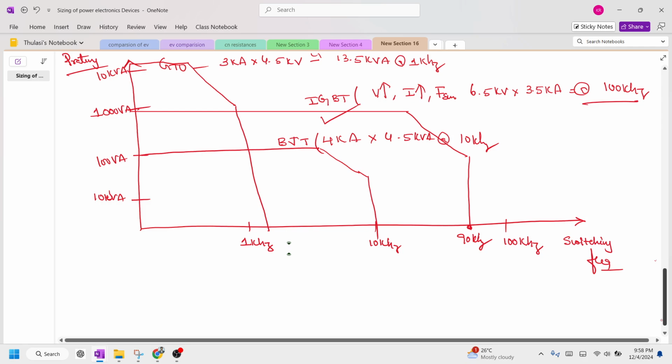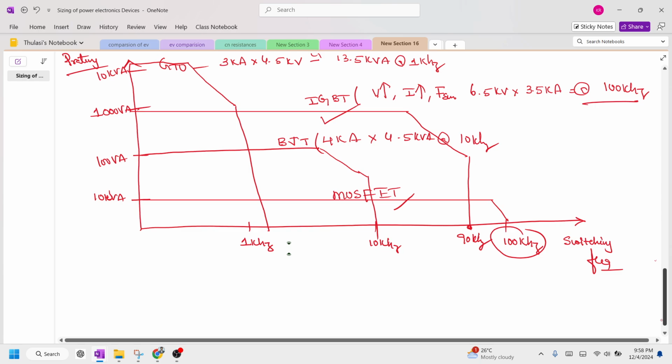Next one has a low power rating, but the switching frequency is very high. This is 10 kVA and it can come up to a range of 10 kilohertz. This is all about the MOSFET, the metal oxide semiconductor field effect transistor.